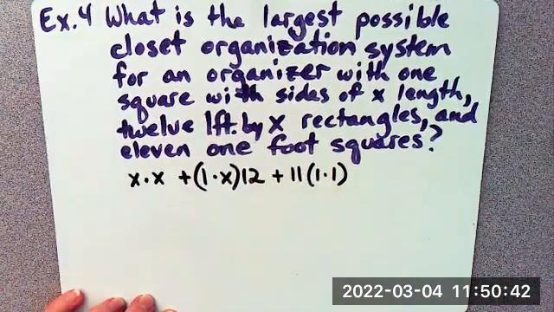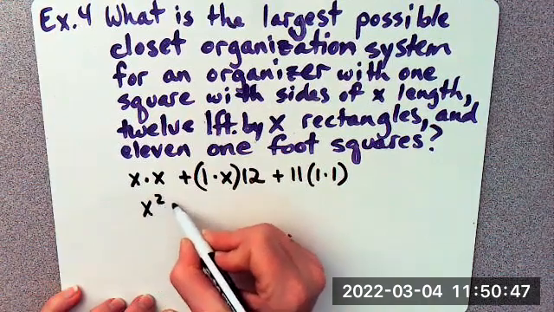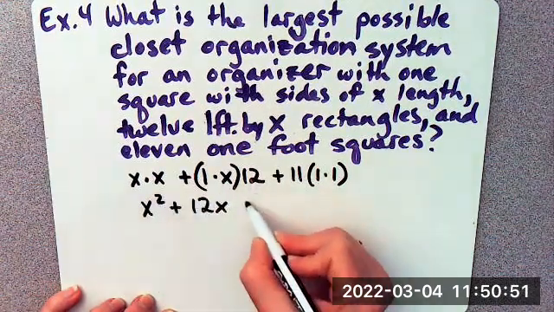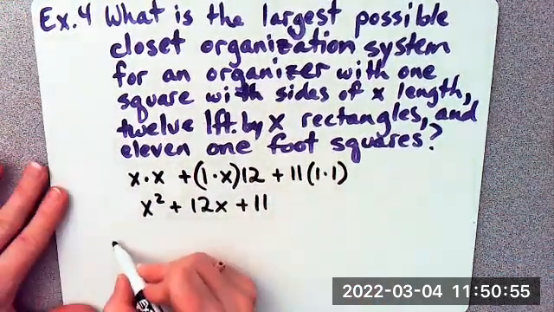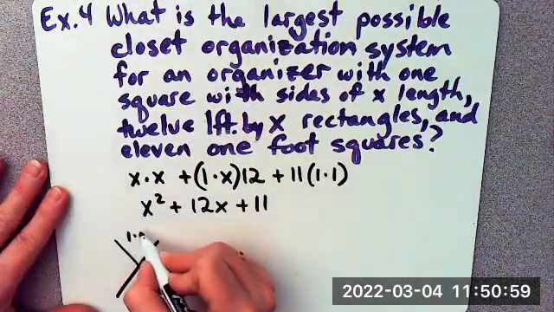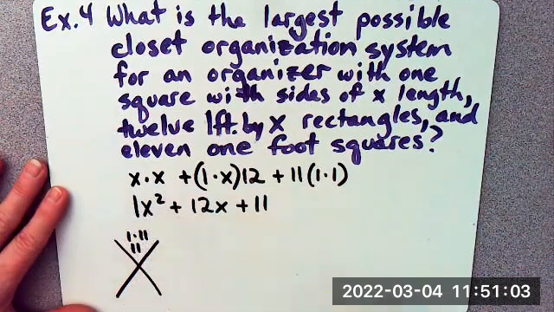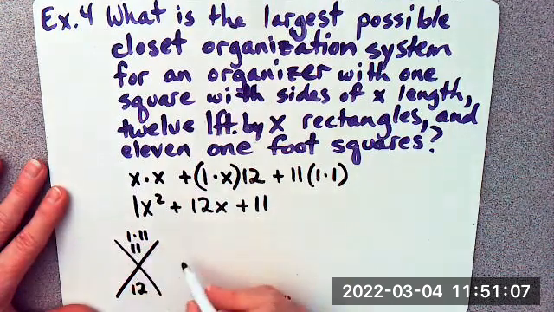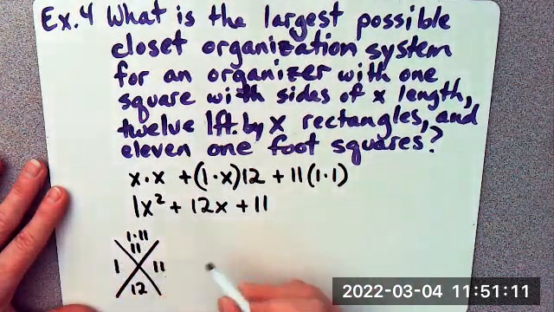All right, so let's take a look at what that might be. So we have x squared plus, and this is just 12x plus 11. So we can do a diamond box. We put 1 times 11, so 11 here, and 12 is here. 11 is prime, so we know that this has to be 1 and 11.